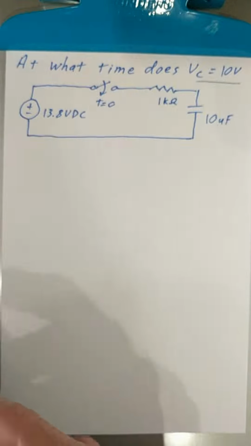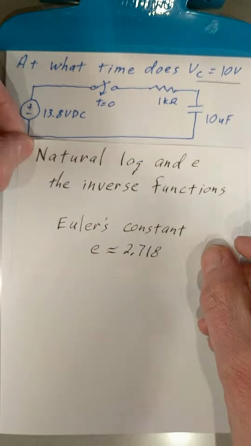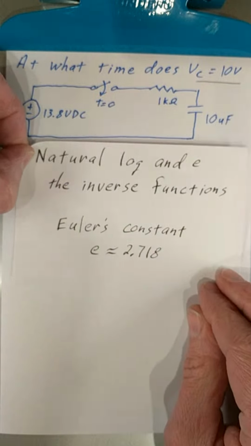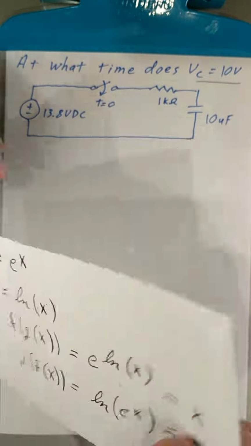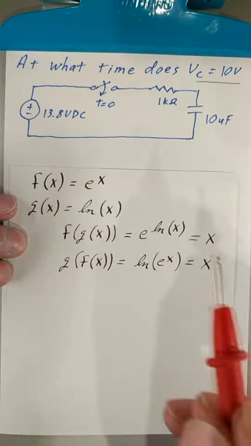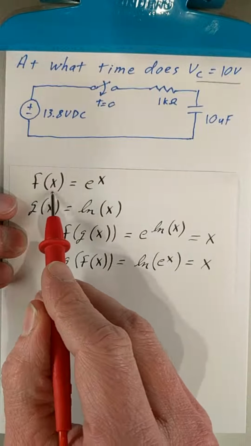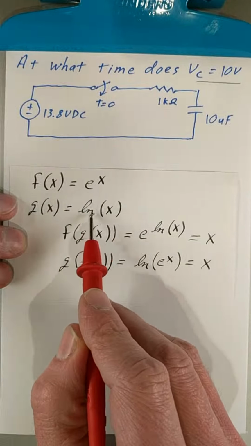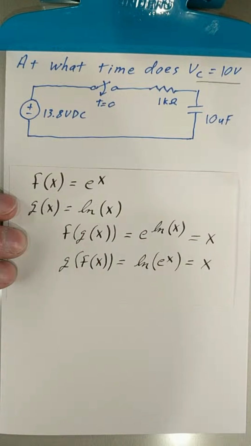Before we start, it's also useful to review some of the rules for the natural logarithms and e, in particular the inverse functions. Stay with me for a moment. We have two functions: f of x, which is equal to e raised to the x, and g of x, which is equal to the logarithm of x.